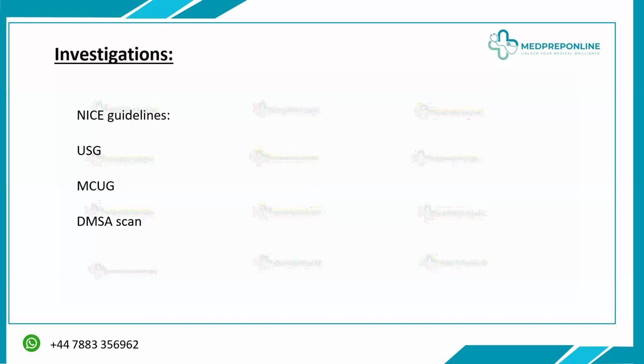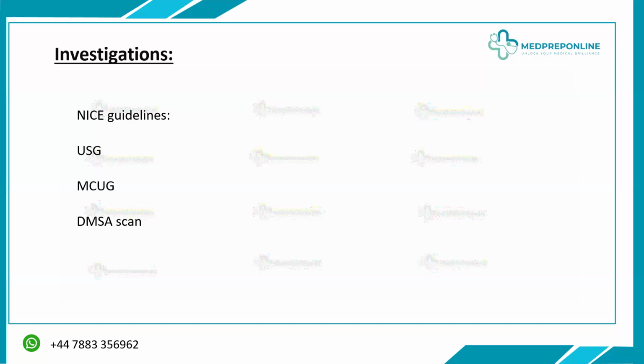And if it's a typical UTI, then you have to do the ultrasound only if the child is less than 6 months of age. And in that case, you can get an ultrasound 6 weeks after the infection.